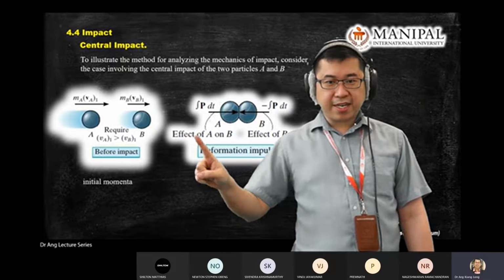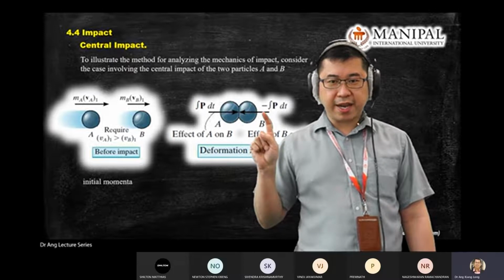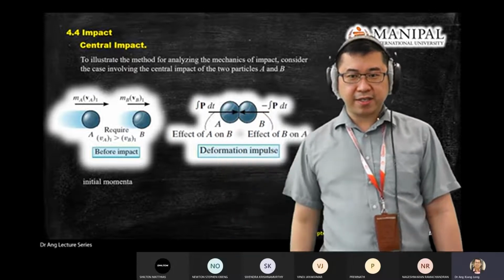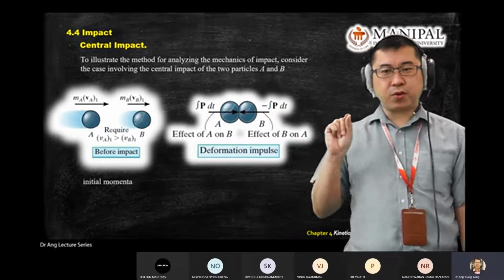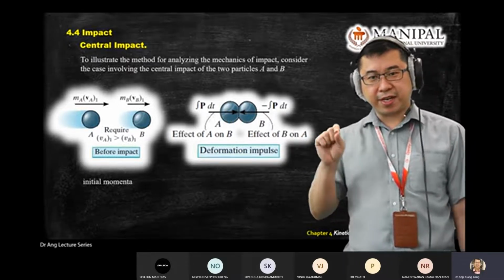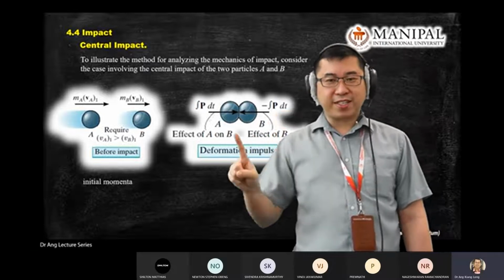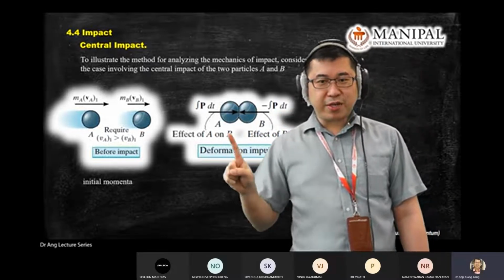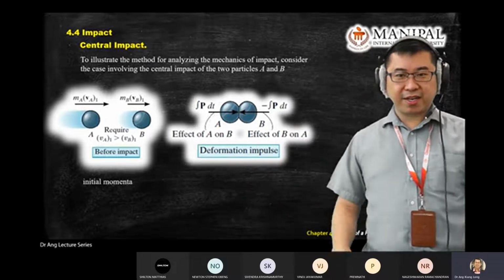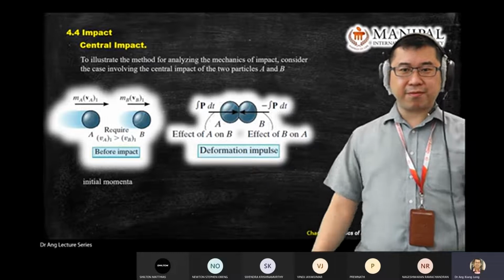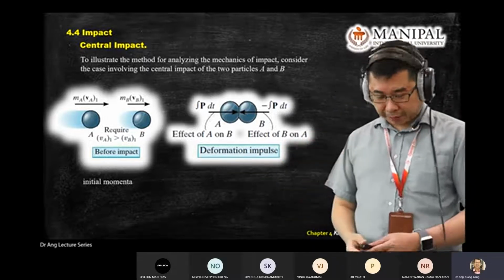On the left hand side, this arrow is focused on B. The right hand side arrow is focusing on A. Each one has a different meaning. Look carefully whether the question asks for the effect on B or the effect on A. Don't confuse these two. Okay.